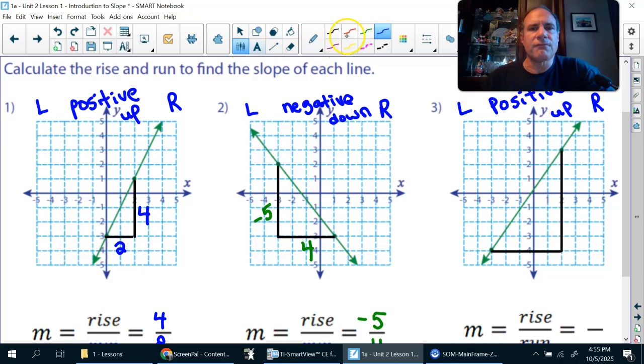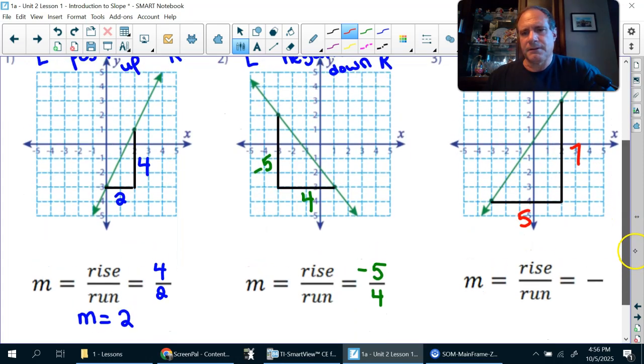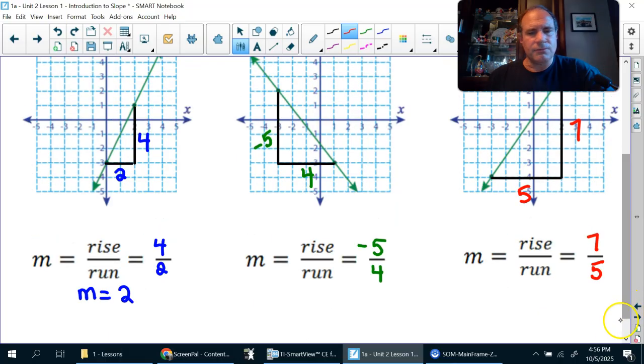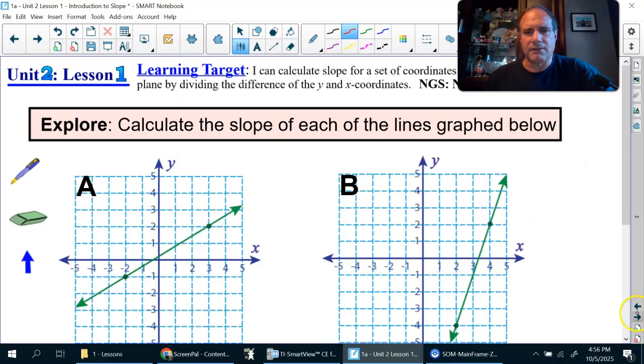Once you do that, you're ready to count your rise over run. I'm going to go right 1, 2, 3, 4, 5. So I went right 5, and then up 1, 2, 3, 4, 5, 6, 7. And that is 7/5. You leave it that way. That's the slope of that line.